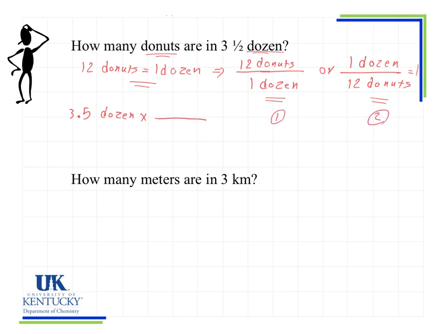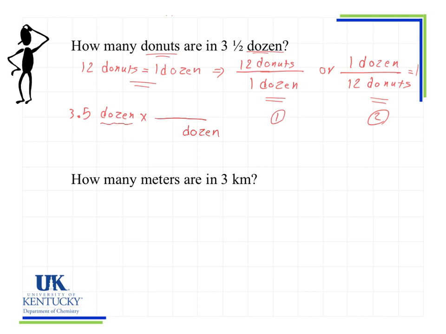Well, to decide which one, you have to see your unit, which is dozen in this case, and you want to get rid of that, right? So if you have something on top in the numerator and you want to get rid of that, you have to have the same thing on the bottom so you can cancel those two together, right? So if dozen is over here, I need dozen to be here so I can cancel them.